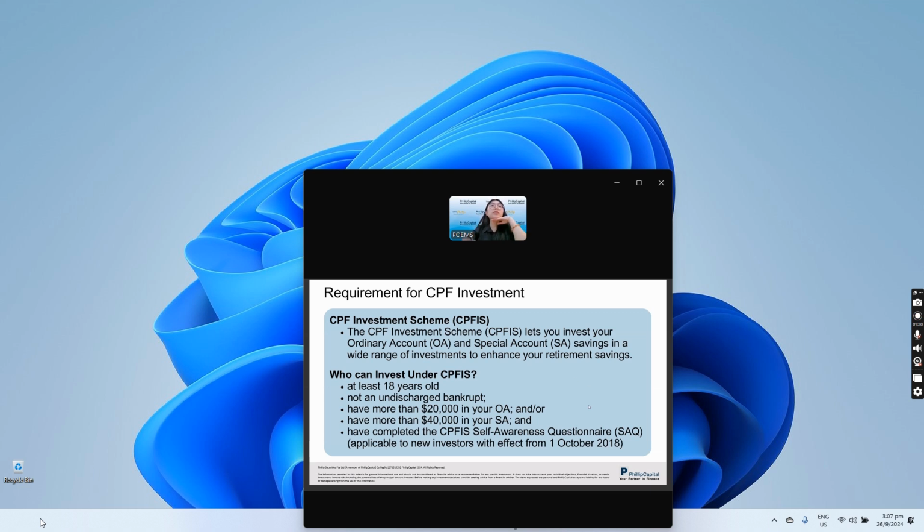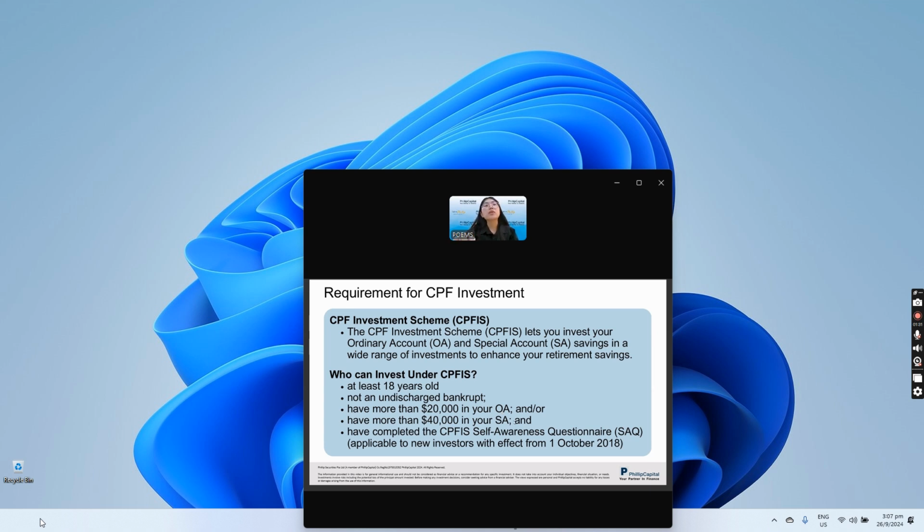If you want to start to invest your CPF OA or SA, there's the CPF Investment Scheme, which lets you invest your OA and SA. The requirements are here. You need to be at least 18 years old and not bankrupt. For OA, you need to set aside 20K before you do your investment.